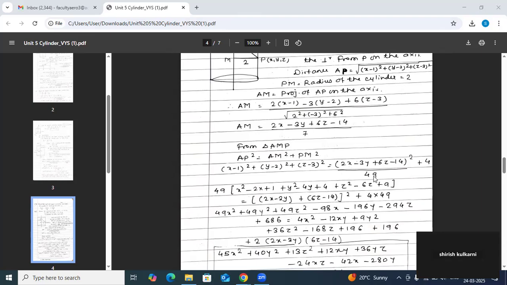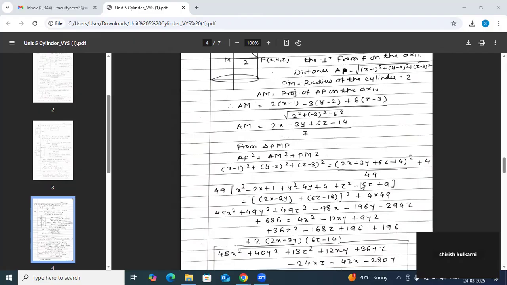Your first step is to multiply 49 to each term: 49 into this bracket, 49 into this bracket, and also expand x square minus 2x plus 1, y square minus 4y plus 4, z square minus 6z plus 9. The right hand side is (2x minus 3y plus 6z minus 14) square plus 4.